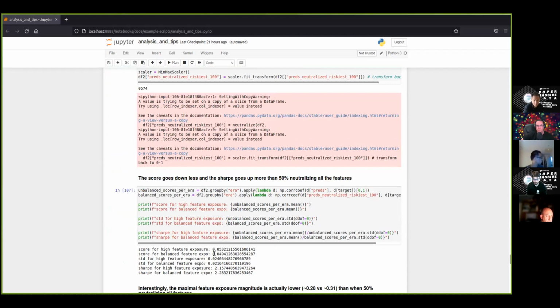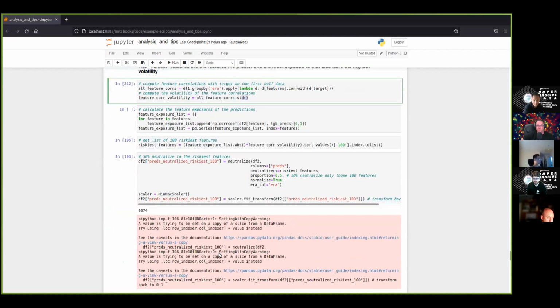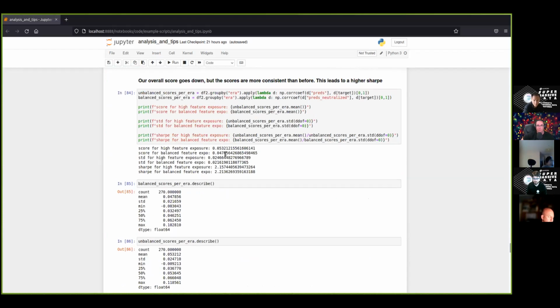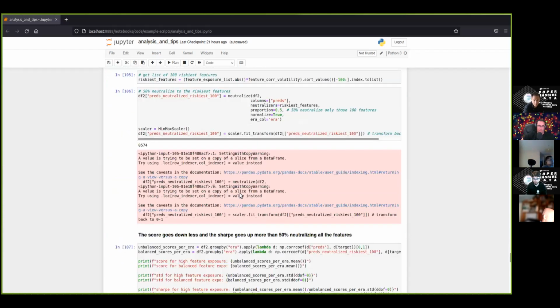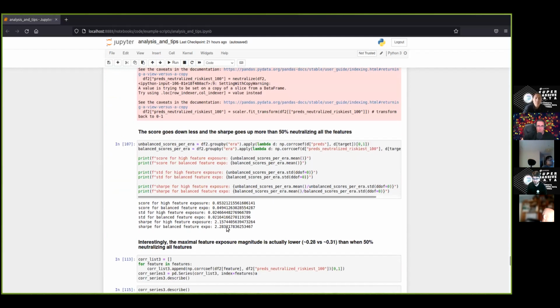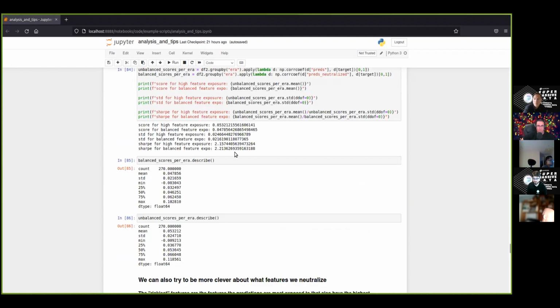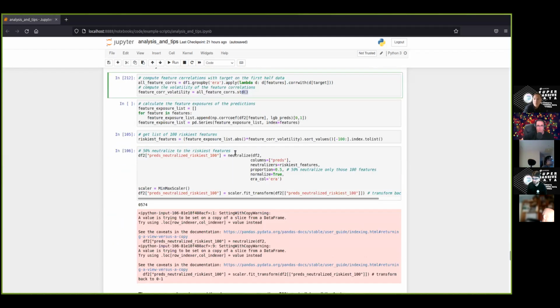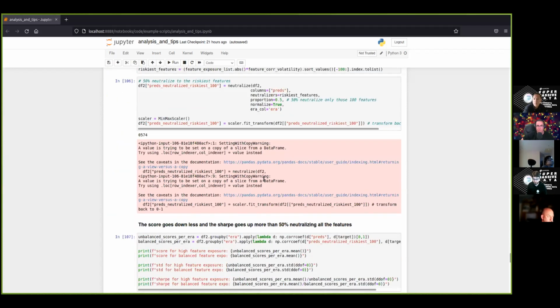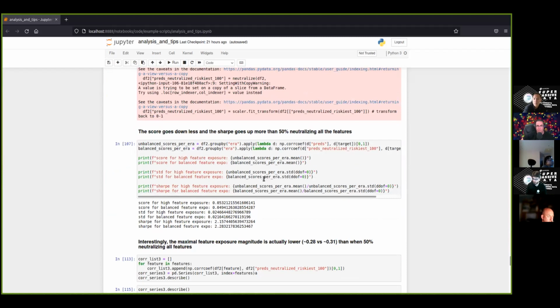Your correlation goes down a little bit, but less so than it did up here, and your Sharpe ends up being a bit better than by half neutralizing to everything. So being more selective about which things you're half neutralizing, or even full neutralizing, could potentially improve your models. These are things to just get you thinking about other ways of tackling the feature neutralization problem.